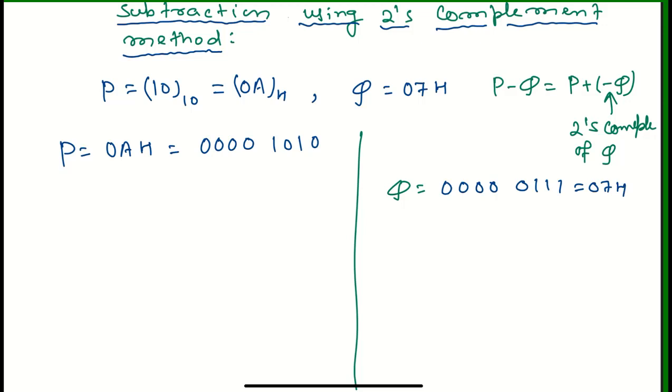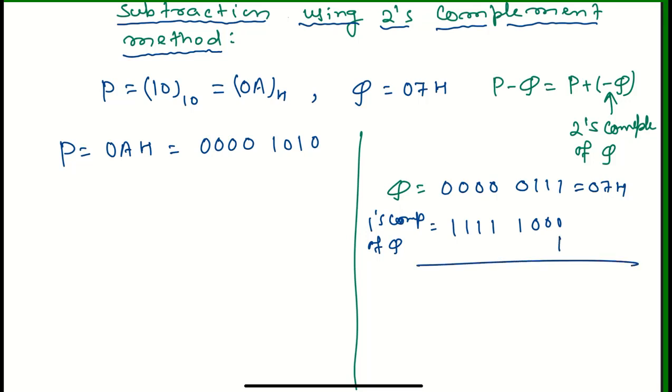Now how to write down its minus Q? There are two methods. First of all, we find the 2's complement of this Q. It means first you take the 1's complement. The 1's complement of Q is obtained when all these 0s change to 1 and 1s change to 0, and again at the LSB position add 1.